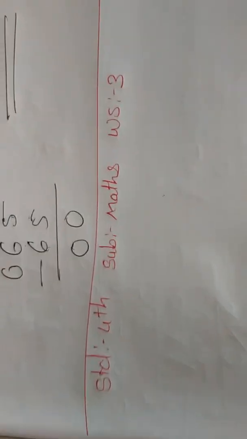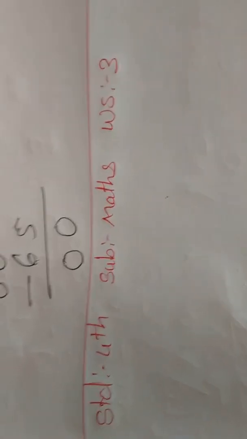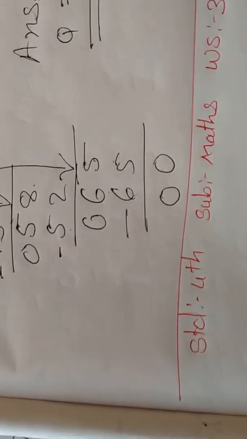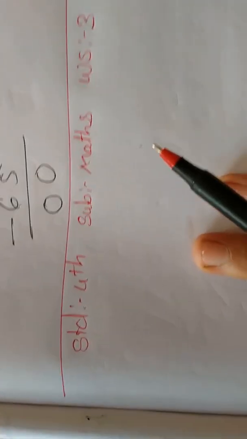Students, now we'll start the first portion in maths worksheet number 2. The first portion is: subtract the following numbers vertically and then cross check using addition in your notebook.